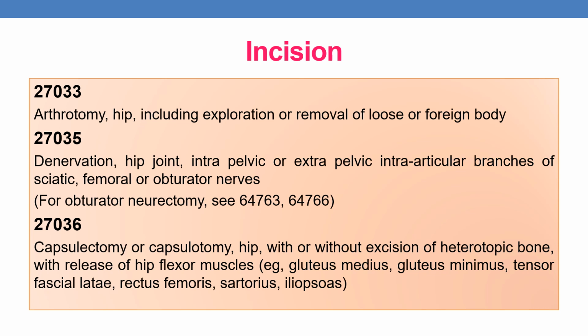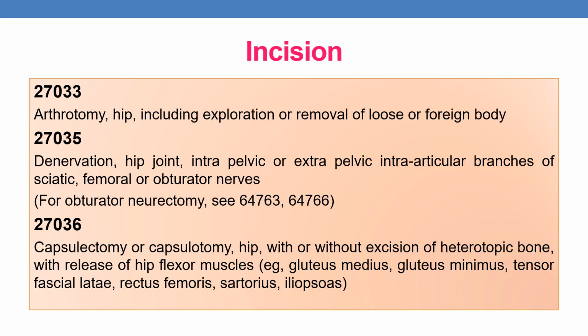The next is 27035. It deals with denervation, hip joint, intrapelvic or extrapelvic, intra-articular branches of sciatic, femoral or obturator nerves. And for obturator neurectomy, see 64763 to 64766.